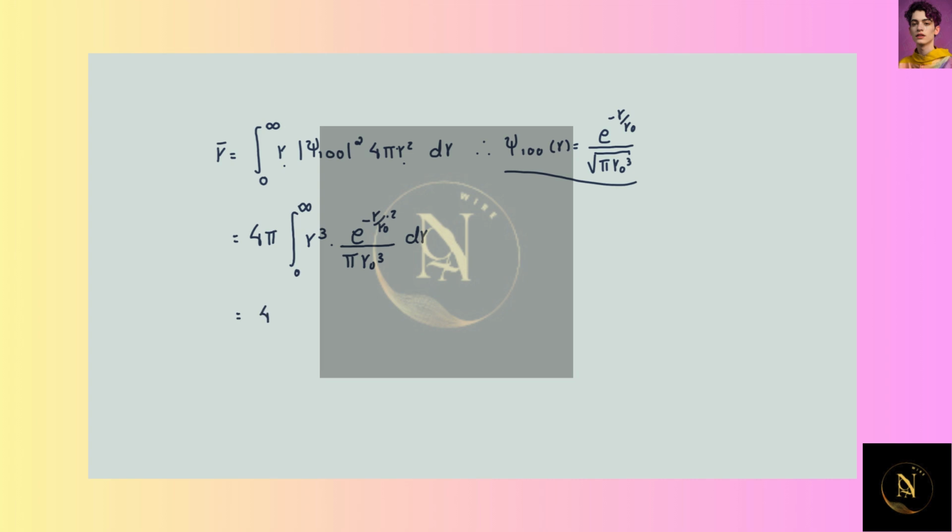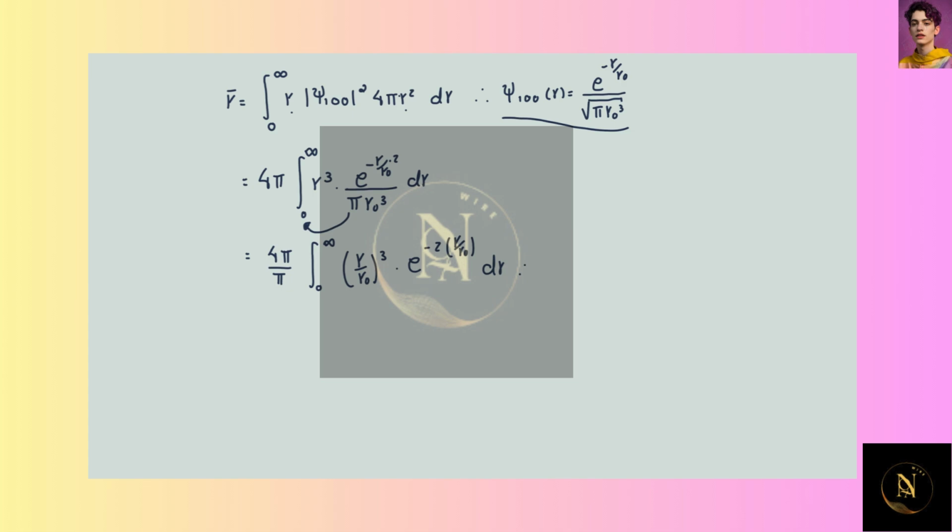This is equal to 4 pi divided by pi, this factor out, times the integral from 0 to infinity of r divided by r0 cubed times e to minus 2 times r divided by r0, and this integral is over dr. This is very suggestive, as we can now use the following substitution. u is equal to 2 times r divided by r0.